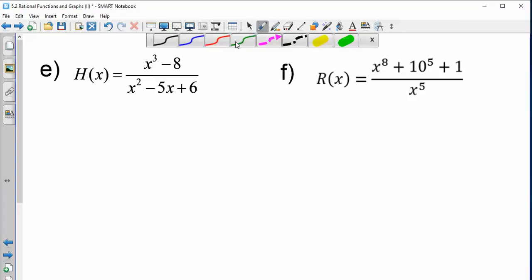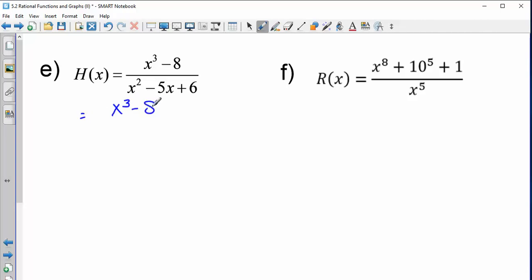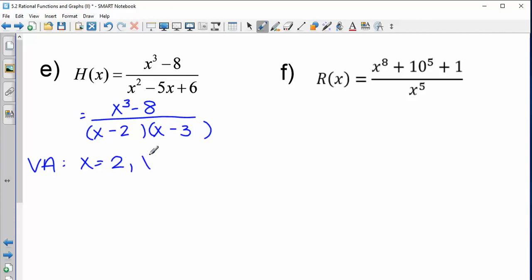So the first one, in order to find your vertical asymptotes, you need to factor the denominator. So 1x squared, so we can do our shortcut. Multiply to 6 and add to -5 would be a -2 and -3. So vertical asymptote, x equals what makes the bottom 0: what makes x minus 2 0, and what makes x minus 3 0.